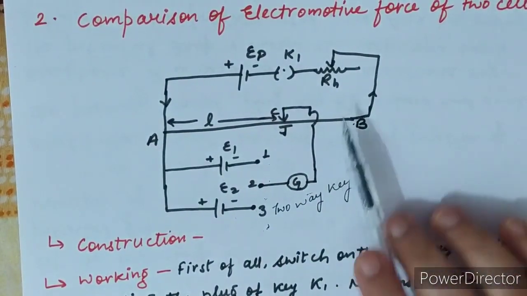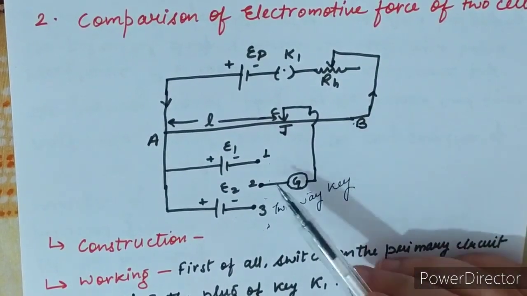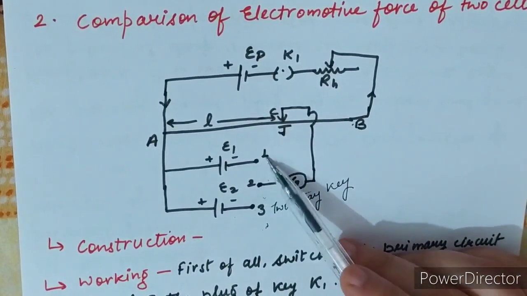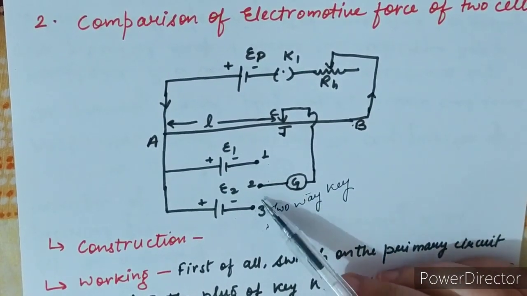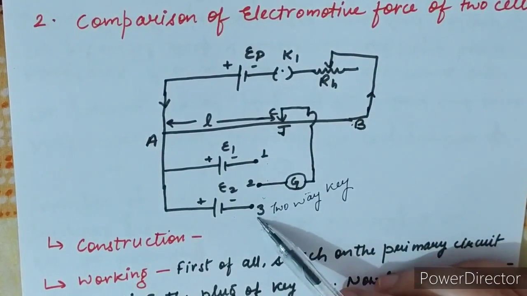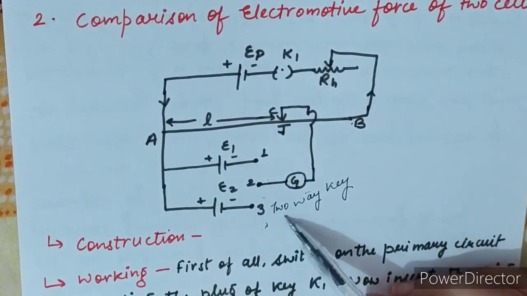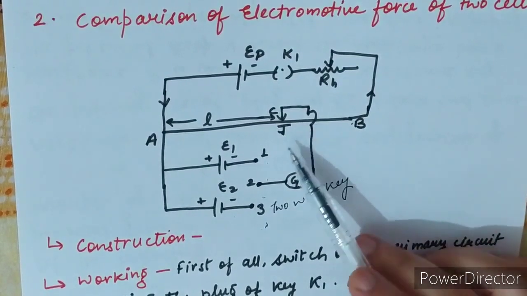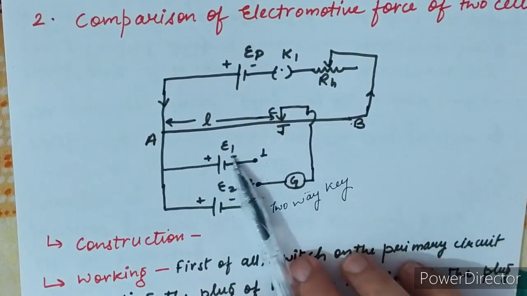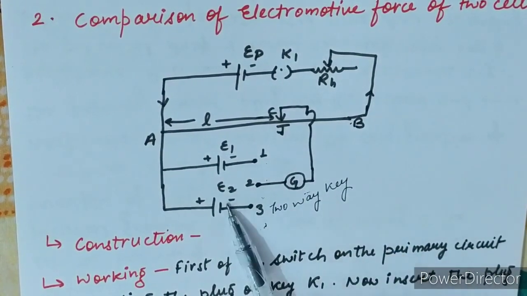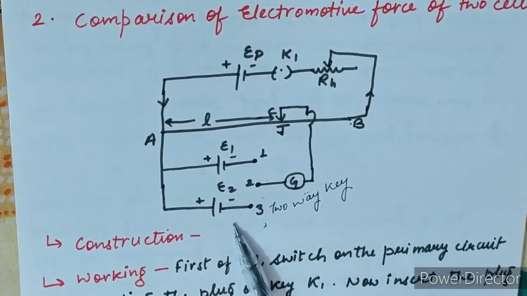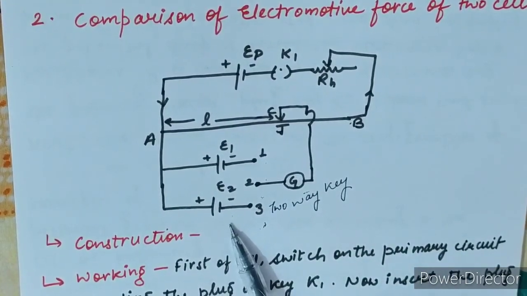Now, without disturbing the primary circuit, remove the plug between 1 and 2 and insert the plug between 2 and 3 of the two-way key. Again we determine the balancing length L2 by sliding the jockey over the potentiometer wire for the other cell E2. And now we get E2 equals XL2. Clear?